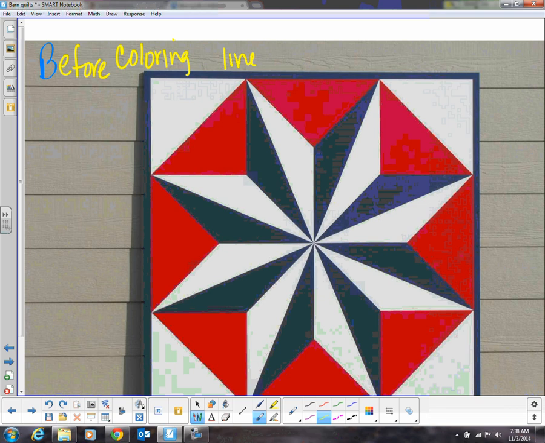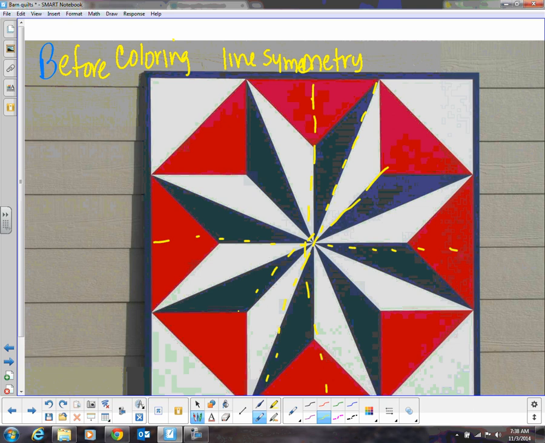Line symmetry. Okay? Line symmetry. There should be 2 of them. Where is it? Do you agree there? And here? Yes? Any more? Can you fold here? Can you fold here? How many? Who's counting?